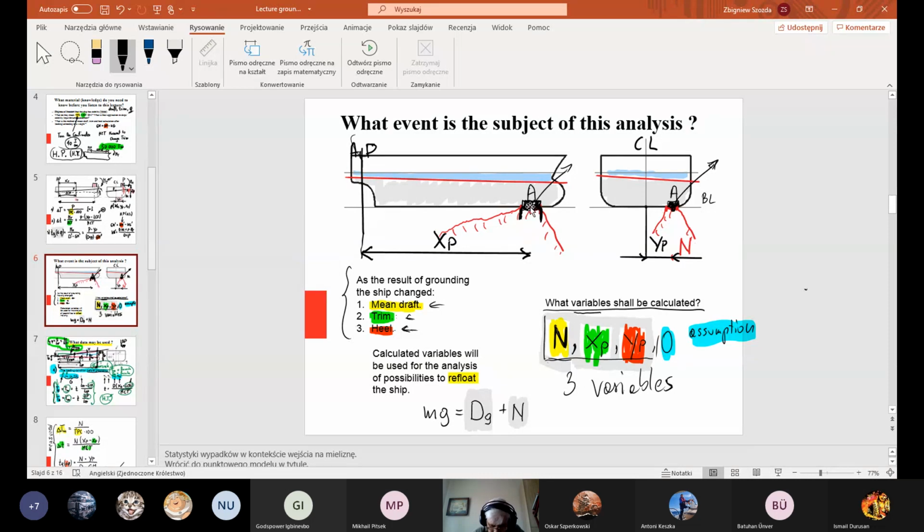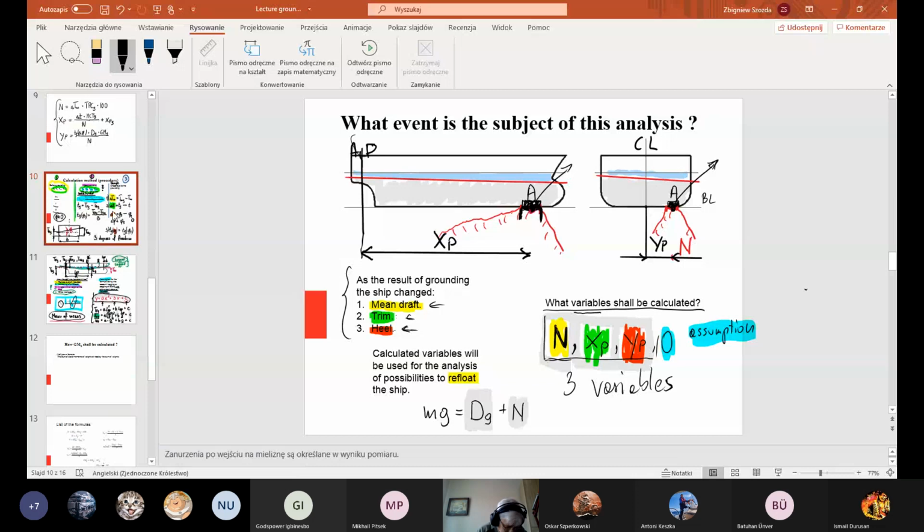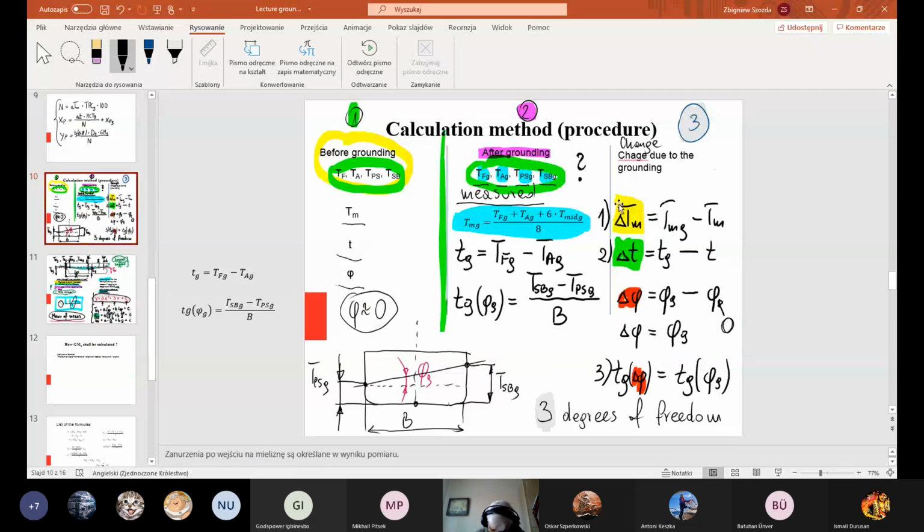And this artificial, imaginary weight will be discharged from the ship. And the question will be: what shall be the weight and the position of the center of gravity of this weight, to observe the same change of mean draft, trim, and heel as has been measured after grounding.